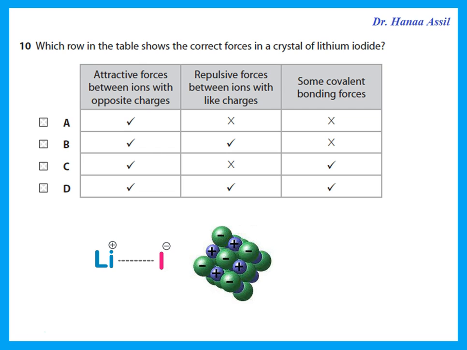Yes, if ions are of like charges, they will repel each other. Do we have some covalent character? Yes, because lithium is a small positive ion, iodide is a large negative ion, so there will be polarization and therefore there will be some covalent forces between them. Okay?